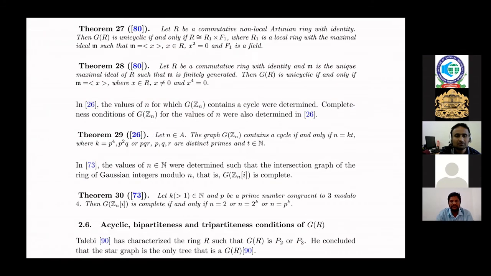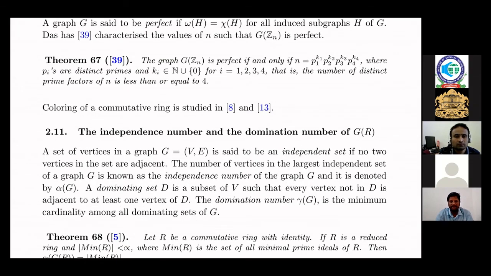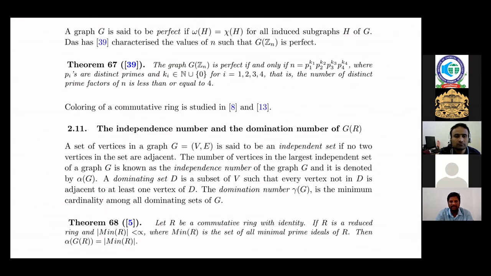Probably in a later part, you see the Hamiltonian property. For example, the independence number and the domination numbers. These are also studied for commutative rings with identity.